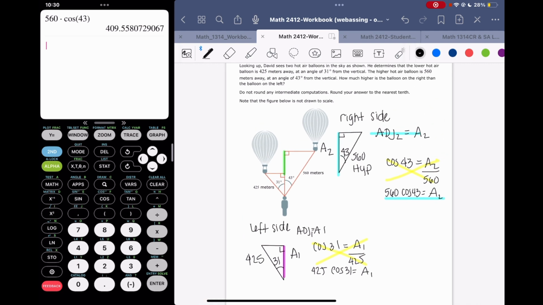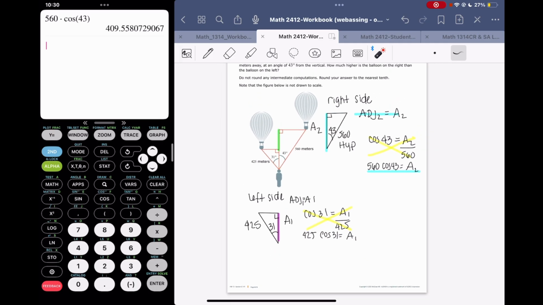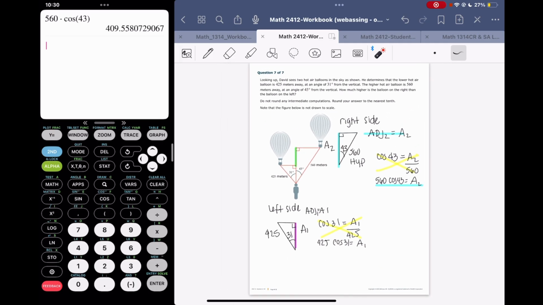The question is asking us, how much higher is the balloon on the right than the balloon on the left? So when we put this all together, you're subtracting the value. So you're trying to find, again, this green part.